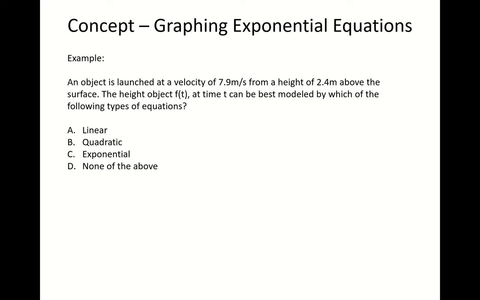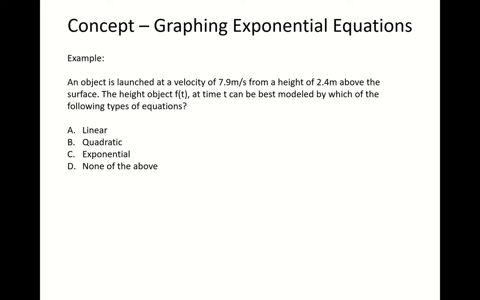Now, this is just talking about something that we talked about earlier, which is that projectile motion is normally modeled by quadratic functions. Okay, so why would it not be linear? Well, if you think about it, what shape happens? So let's kind of draw a picture here, right? So say that's the ground.